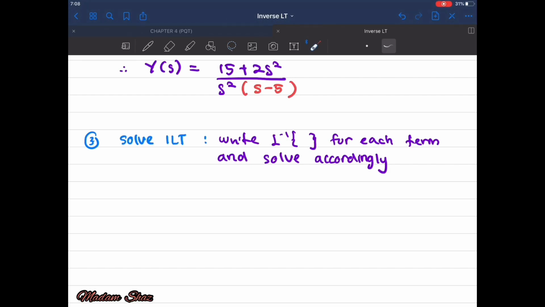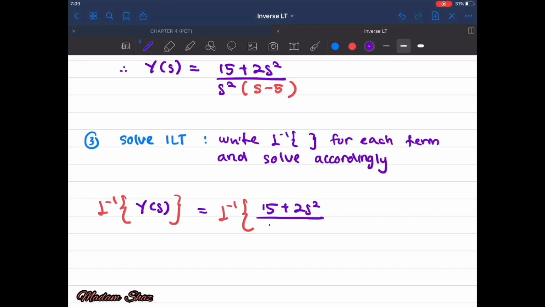Now proceed for the next step. Solve inverse Laplace transform, which means that you have to write Laplace inverse curly bracket for each of the terms, and then we need to solve accordingly. Laplace inverse of Y(s) is equal to Laplace inverse of 15 plus 2s square divided by s square multiplied by s minus 5.